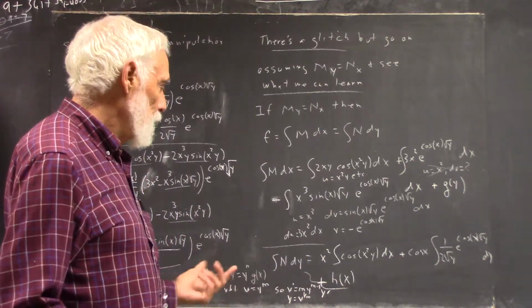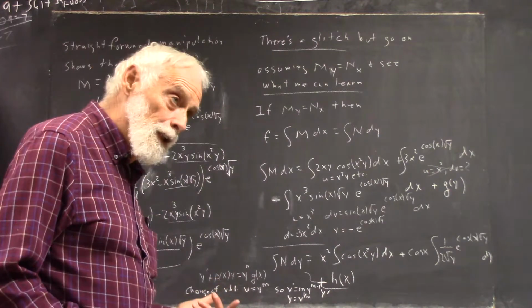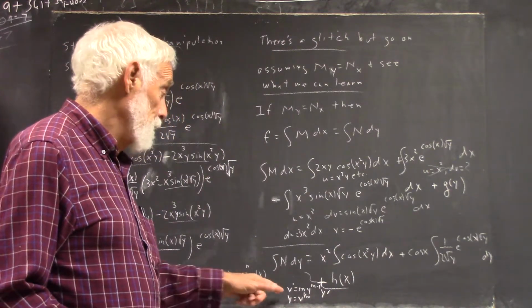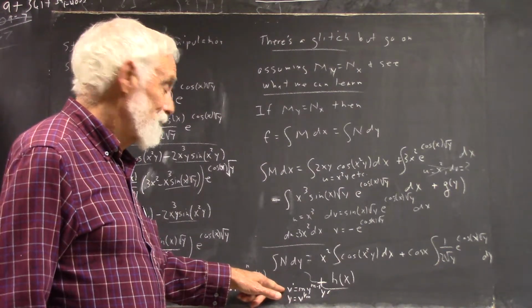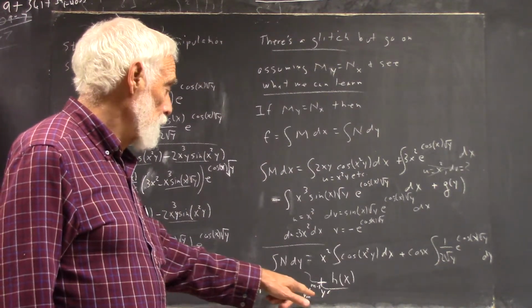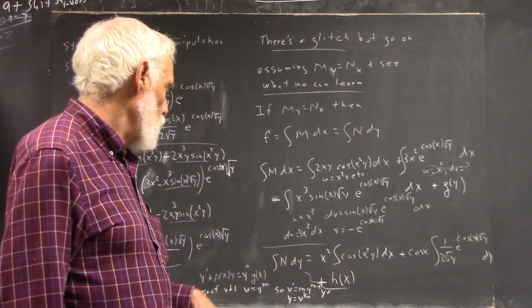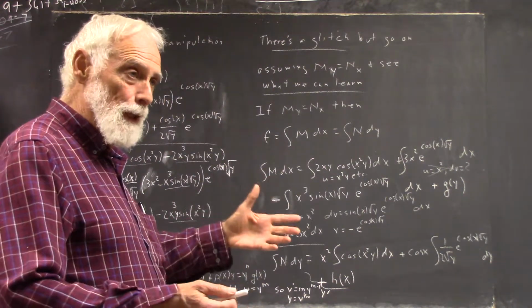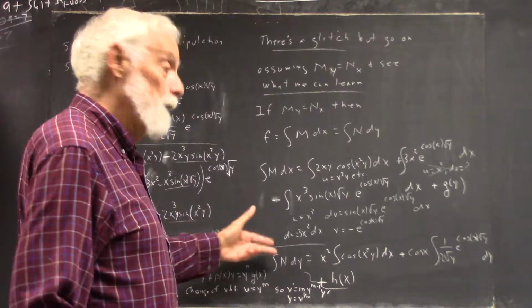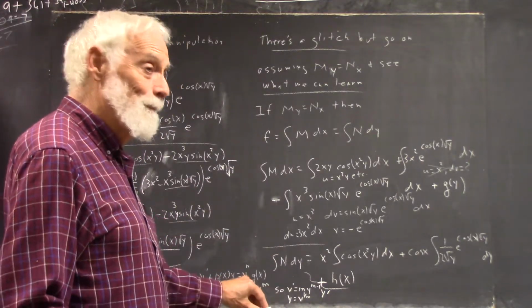And you end up with a first order non-homogeneous equation in v. You solve it, okay? Then of course, y equals v to the 1 over m. So you take the 1 over m power of that solution and you've solved the equation, okay?